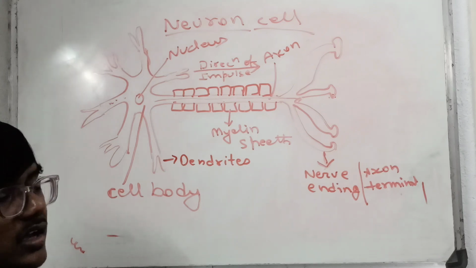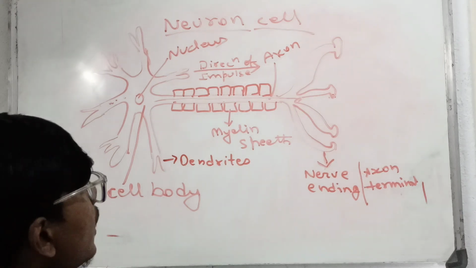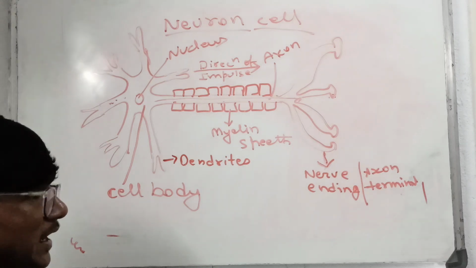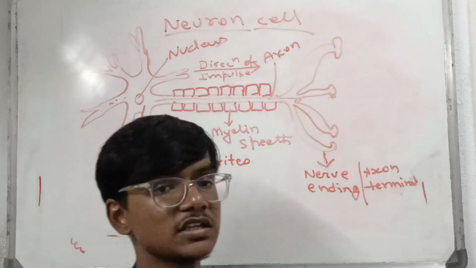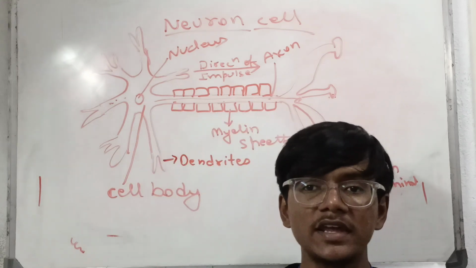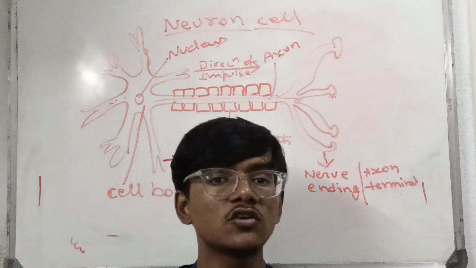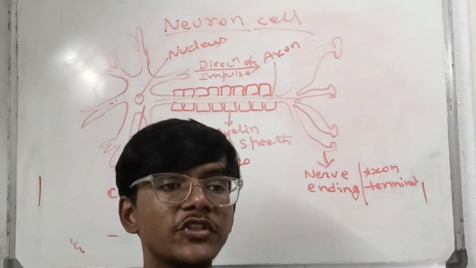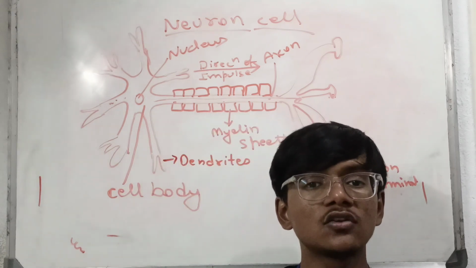So the main function of this neuron cell is transferring information. Like if we are touching things in the bedroom or anywhere, like you are touching a hot utensil with your hand, how do you feel that something is hot there? In the hand, neuron cells are there.